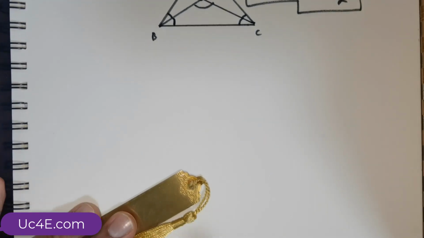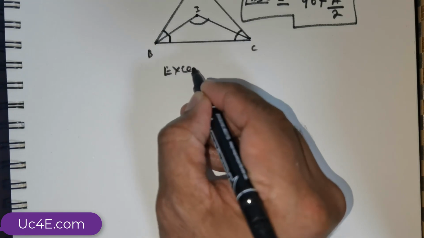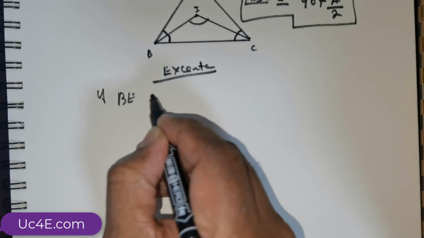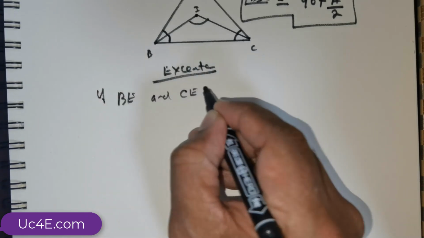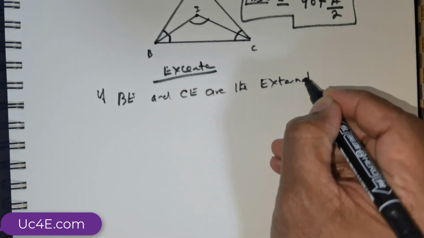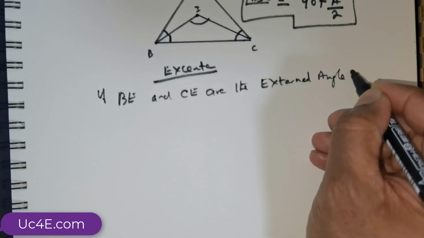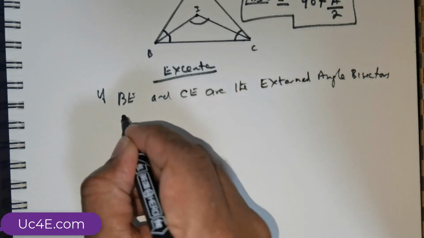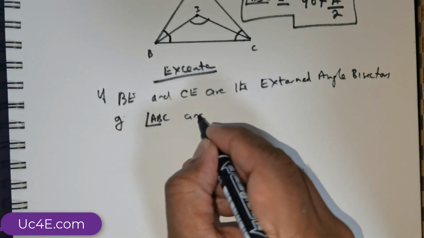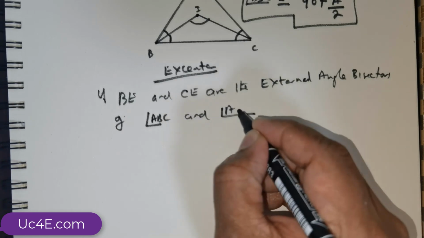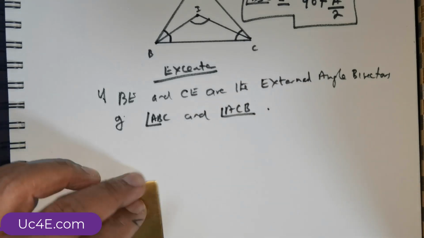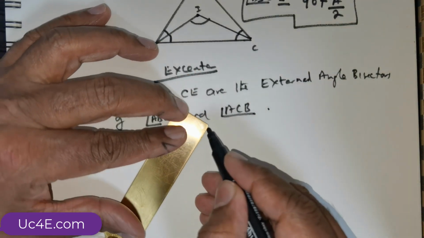Now coming to the excenter, let me define the excenter. Now if BE and CE are the external angle bisectors of angle ABC and angle ACB, then the excenter, let me show the excenter to you.